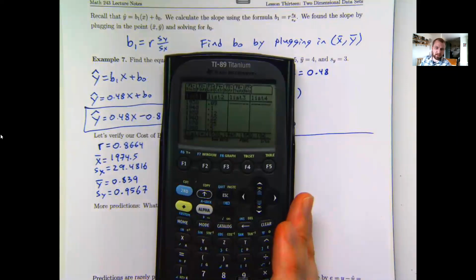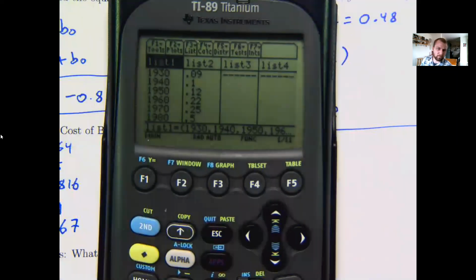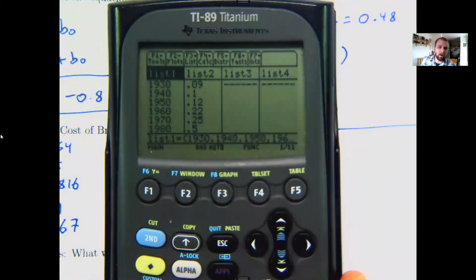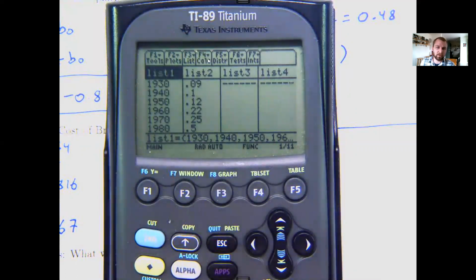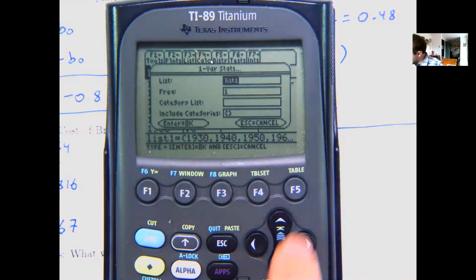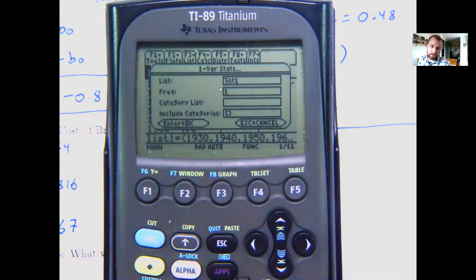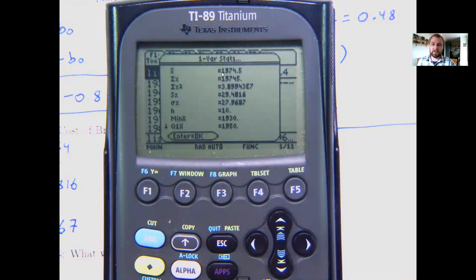In my TI-89, let me zoom in. I've got all of my x values typed in list 1 and all of my y values typed in list 2. I'm going to choose the option for Calculate, so F4 for Calculate, and then 1-var stats. If it says list 1, LIST1, and then enter, this is giving me the average for the x's and the standard deviation for the x's.